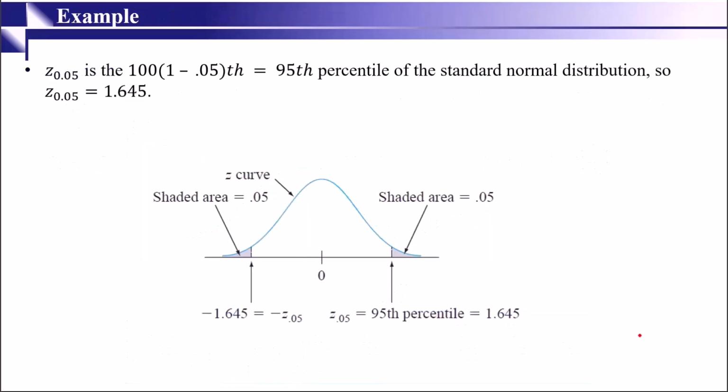Let's see an example of how to use critical values. If alpha is equal to 0.05, it means 100 multiplied by 1 minus 0.05, the 95th percentile of the standard normal distribution. It means Z of 0.05 is the 95th percentile, and it means phi of Z 0.05 is equal to 0.95, right? And the value for this one is 1.64. How?